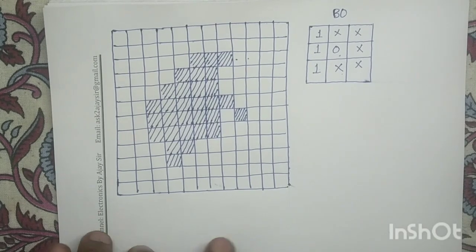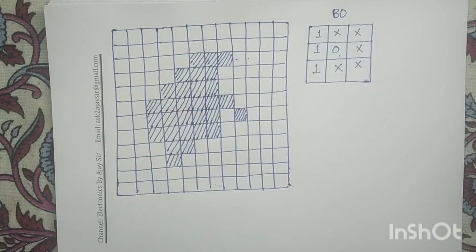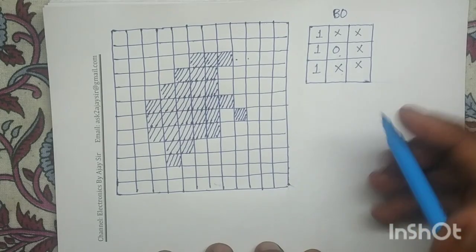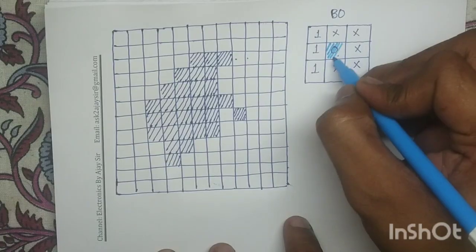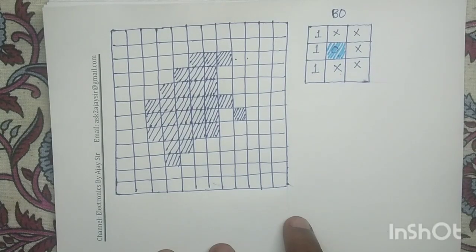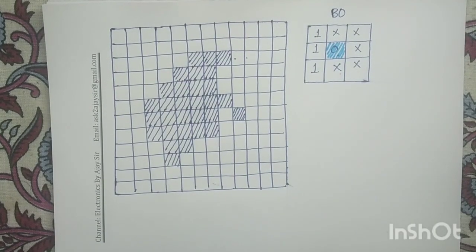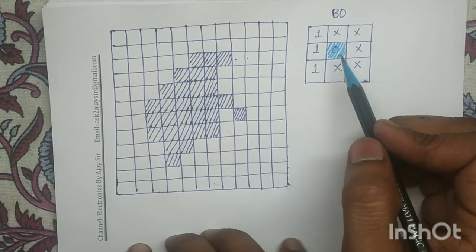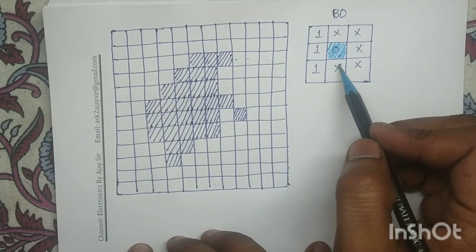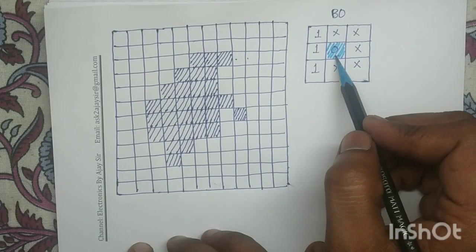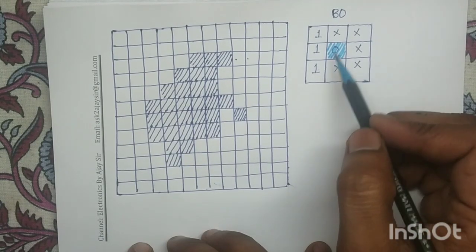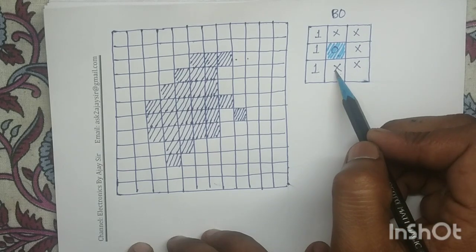For this convex hull operation, we will use some color. For example, we will use blue color for this structuring element B0. We have to perform the hit or miss transformation such that the center pixel is logic 0, and these 3 pixels are logic 1, and the remaining 5 pixels are don't care.